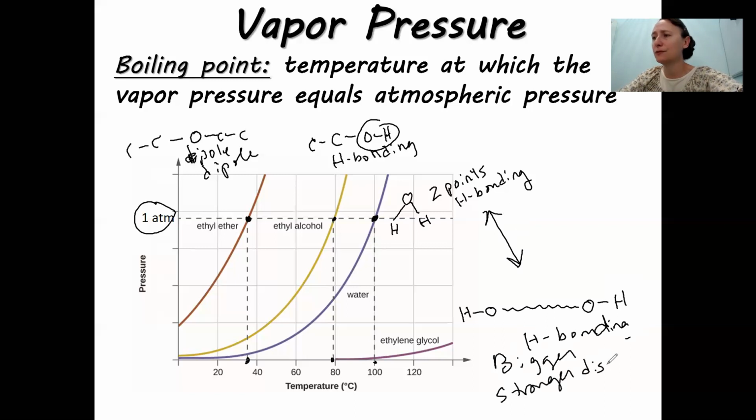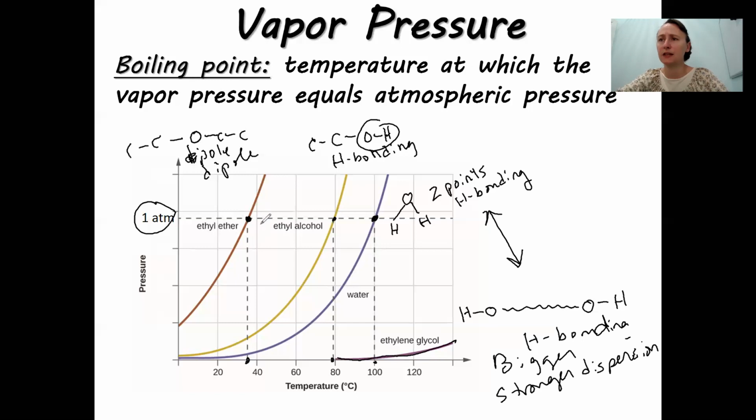Or the dispersion forces enhance the dipole. The size of the molecule enhances the dipole and attractive forces in the hydrogen bonding. So that is why ethylene glycol has a much lower vapor pressure than everything else.